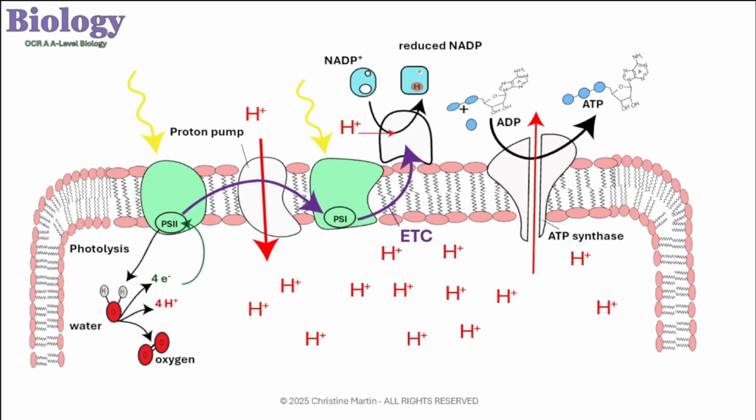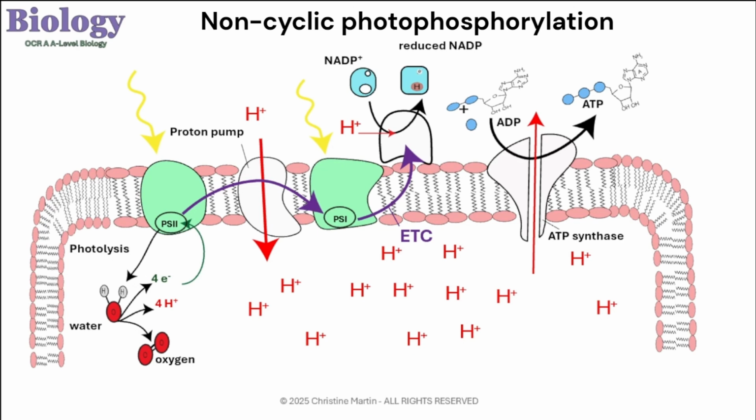If NADP is available as the final electron acceptor, then non-cyclic photophosphorylation can occur. Electrons from photosystem 2 travel through the electron transport chain, passing through a proton pump to photosystem 1. Electrons from photosystem 1 are transferred to NADP reductase, which reduces NADP to reduced NADP.